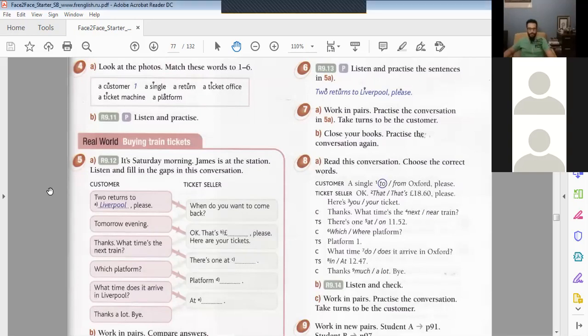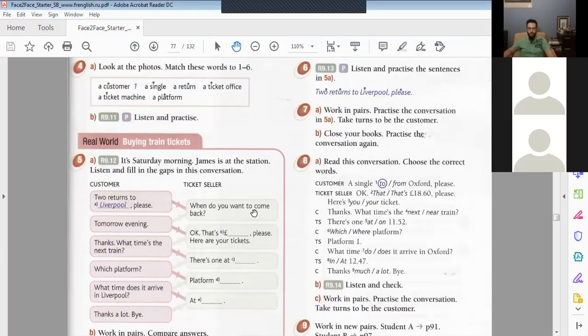Two returns to Liverpool, please. When do you want to come back? Tomorrow evening. OK, that's £93.40, please. Here are your tickets. Thanks.